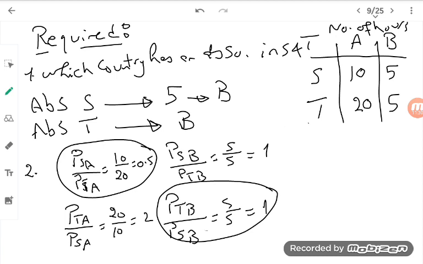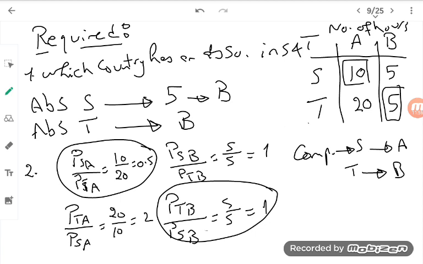This means that country A will specialize in soybeans and country B will specialize in textile. Point number 3, this is its answer. Point number 2, the answer will be: comparative advantage in soybeans is country A, and with respect to textile it's country B. Okay, point number 4.